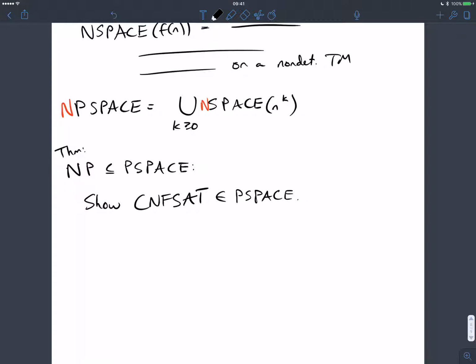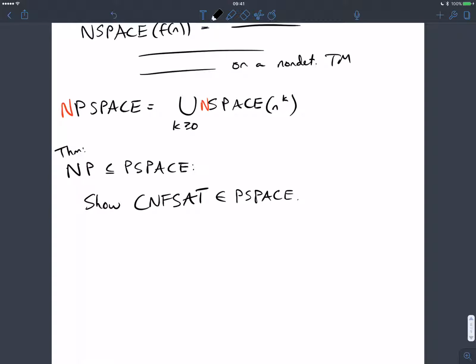Well, here's one. Just brute force everything. Try all false, then set the first one to be true, then false true, then false true true. So just try all 2 to the n combinations. If I wrote every single one of those on the tape, will I use more than polynomial space?